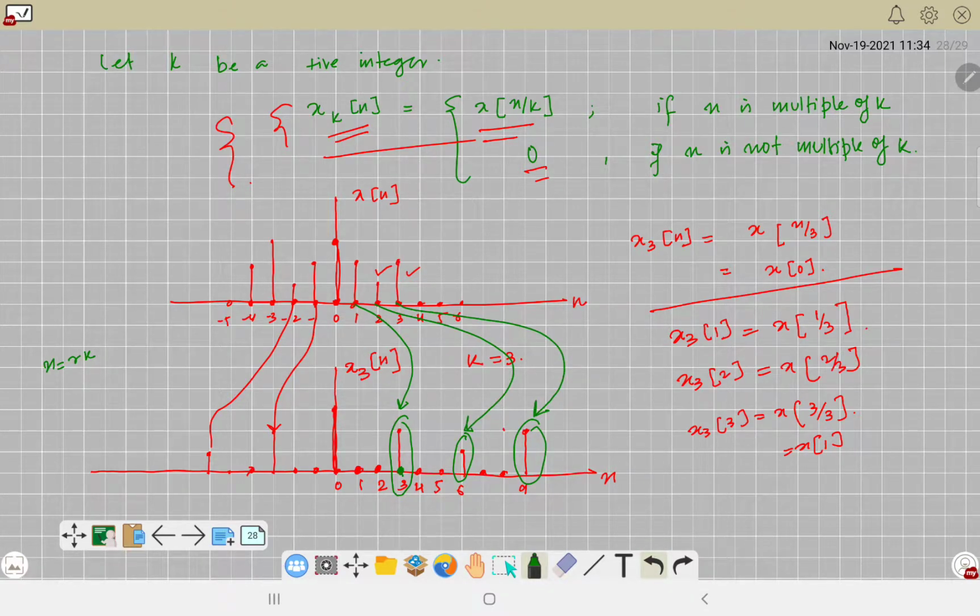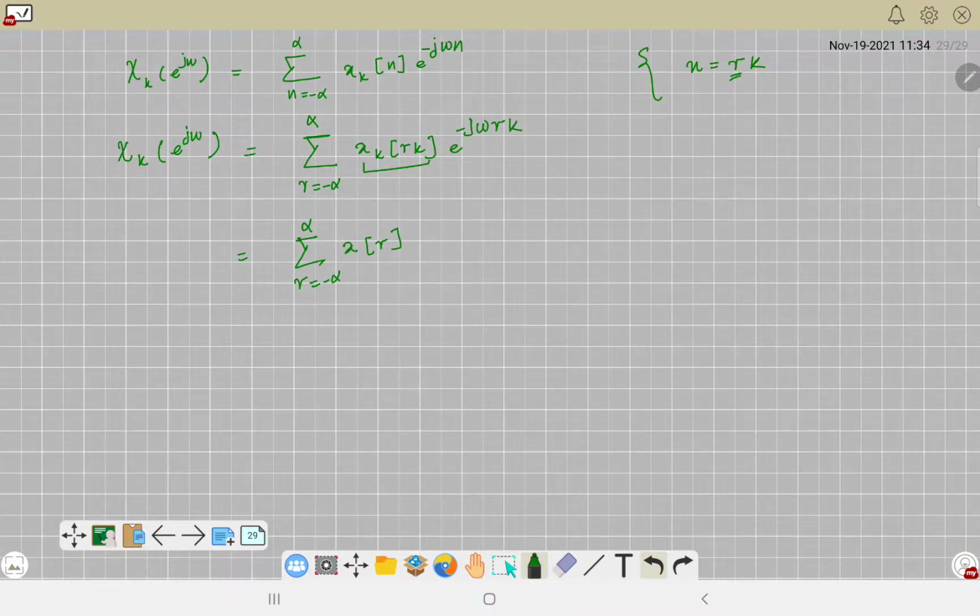So whenever this is true, when n is a multiple of k, indirectly it means you have n equal to rk. So you can have these values. Right? So whenever this is true, the sample value at this point is basically the value of x at r. Then the exponential remains the same, e^{-jkωr}, and this basically is the Fourier transform of the signal at kω. Okay?